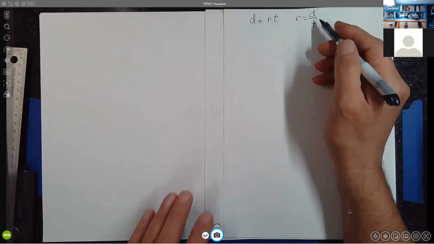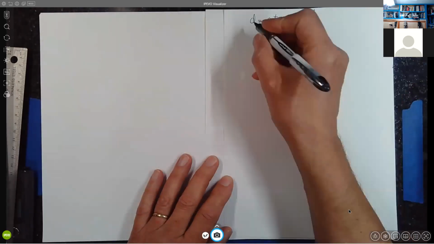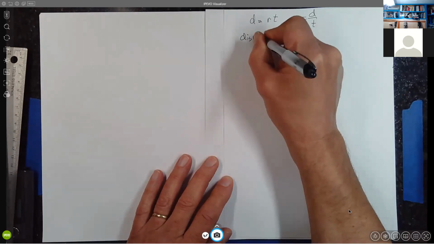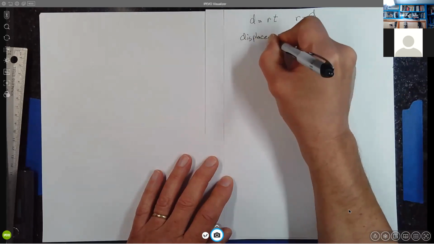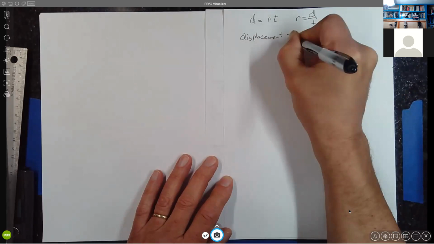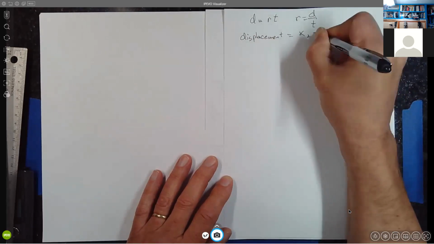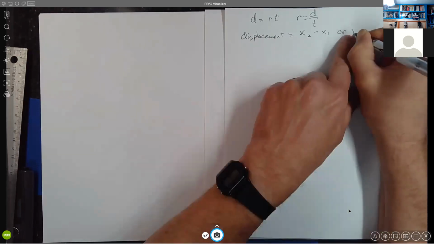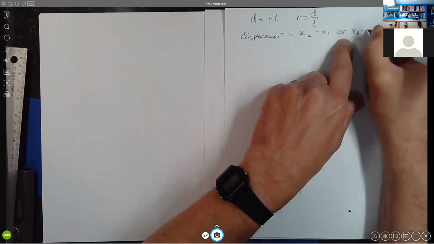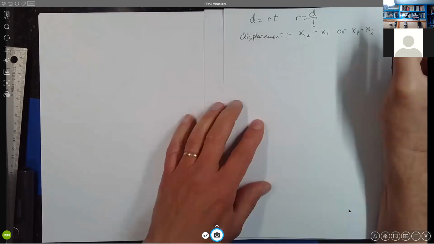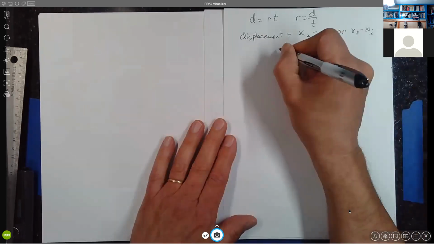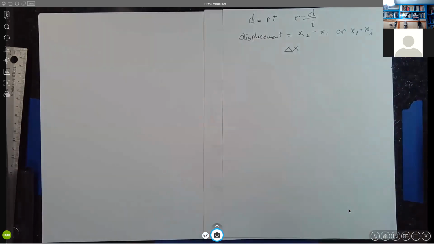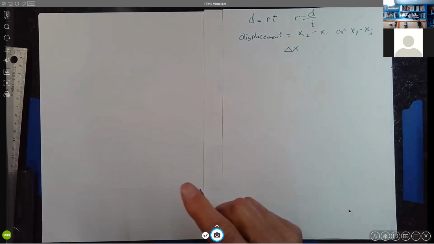When we talk about displacement, we're going to use x2 minus x1, or sometimes x final minus x initial. Either one of those, we're going to call delta x.